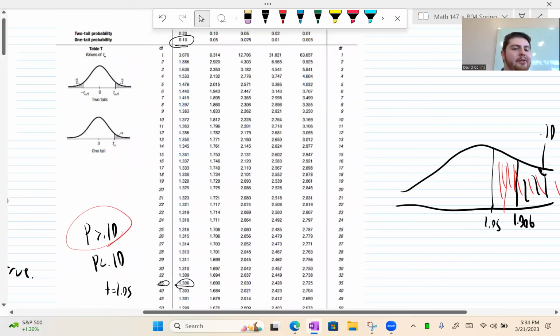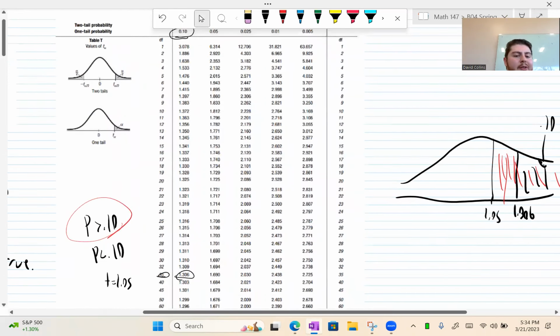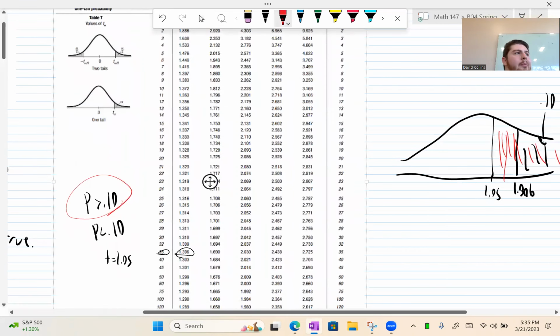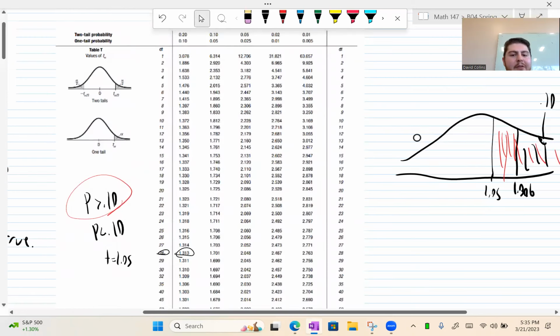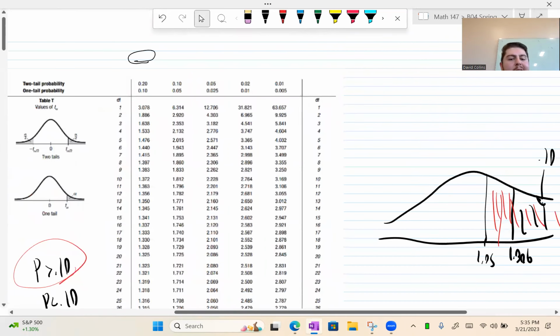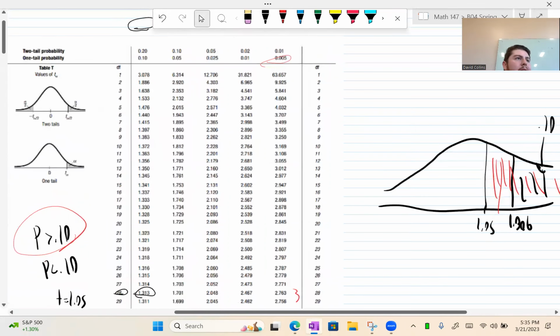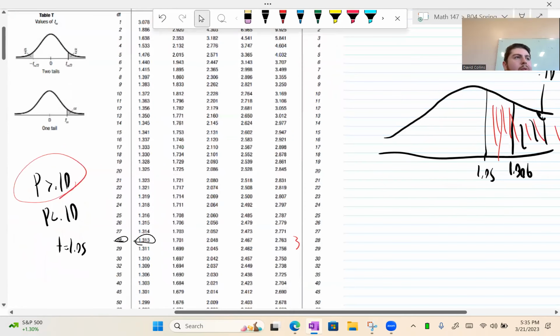Usually on the test, you will have problems like this where if your number is to the left, smaller than the leftmost number, you say p is greater than 0.10. If your number is to the right, like if it was 3, that means it's less than 0.005. And if it's in between two, you say it's in between the two p-values.